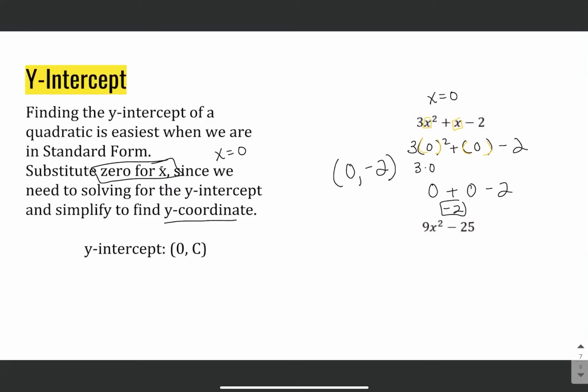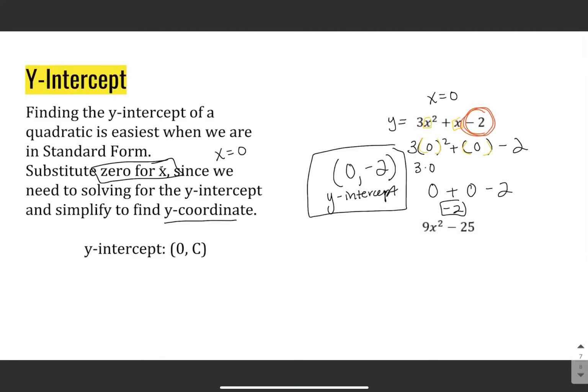And that's partially because if I were to take this quadratic and graph it, I would put a y in front of it. So this point right here is my y-intercept. Now notice this negative 2 that we got, that's literally your c value.